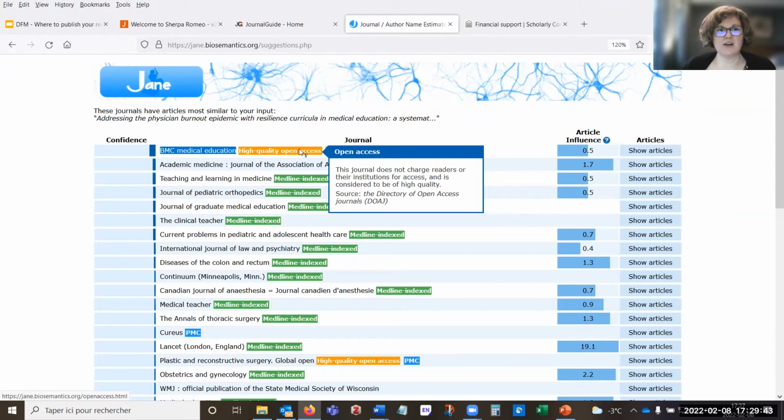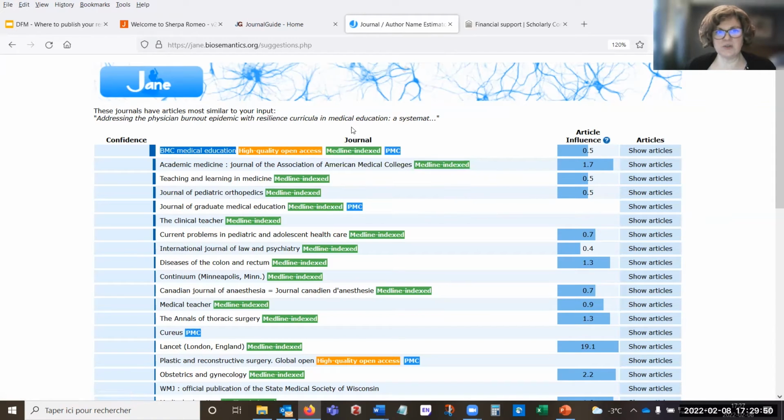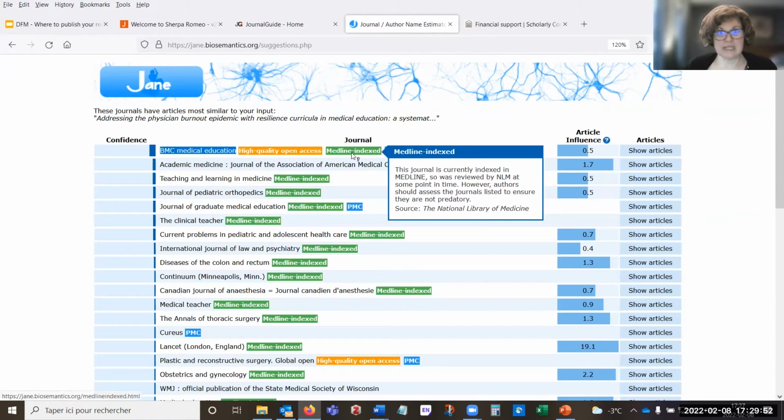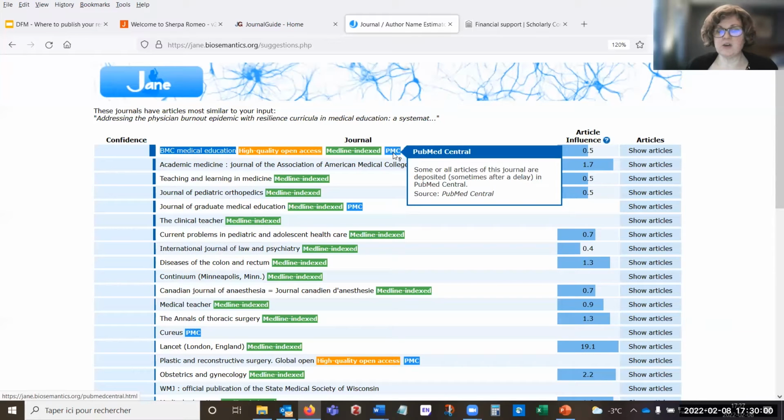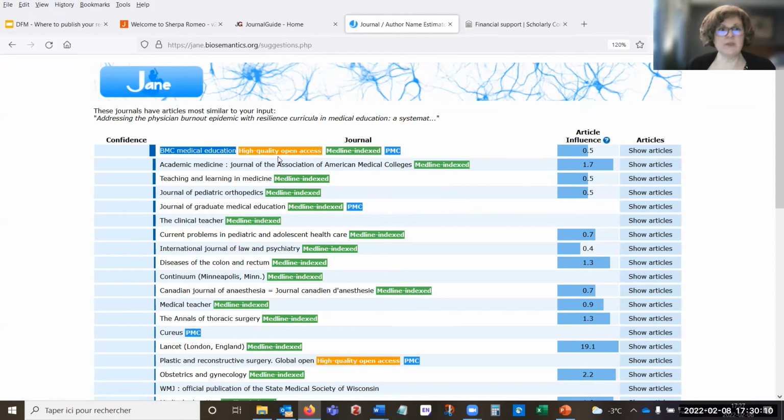So already in DOAJ, they are saying, yes, this is a high quality open access journal. It says that it's Medline indexed, meaning it's a journal that is available and indexed in PubMed Medline. And all the content from this journal will be put on PubMed Central. So anyway, this is the information they're providing you here.